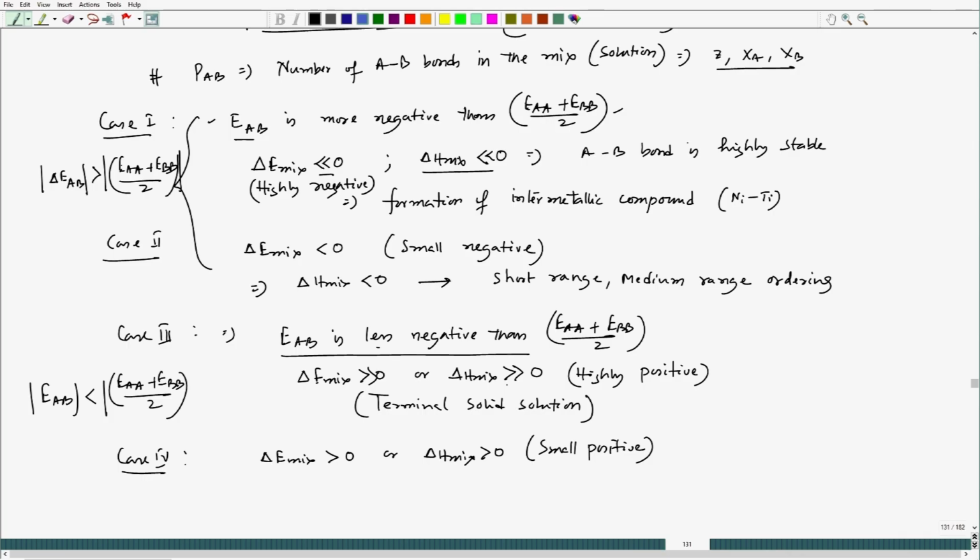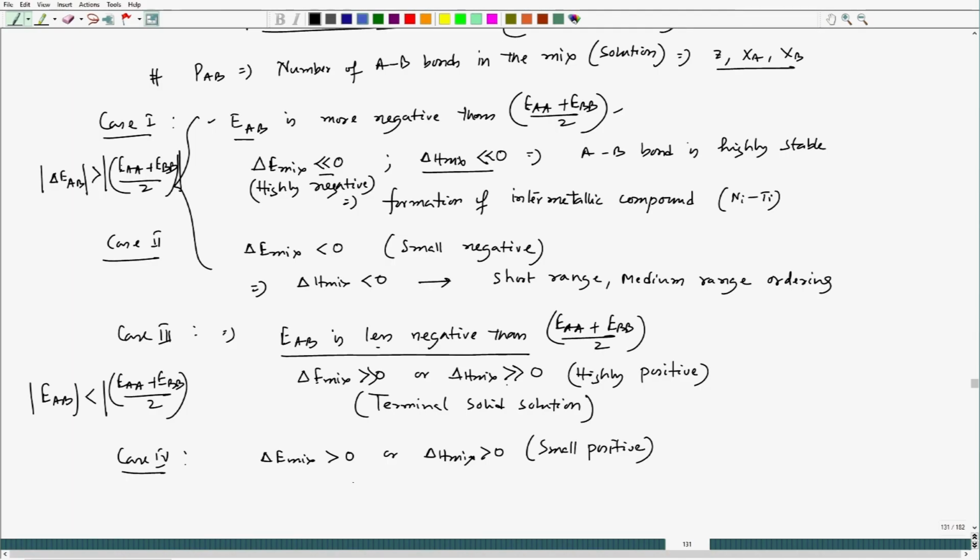So, that means A would like to have A and B would like to have B, but it is not that severe an interaction of similar type of bonds. They would like to have it in a very short, or rather narrow, region. So, that leads to one situation, we call it clustering. This clustering is due to the small positive nature of del Hmix.